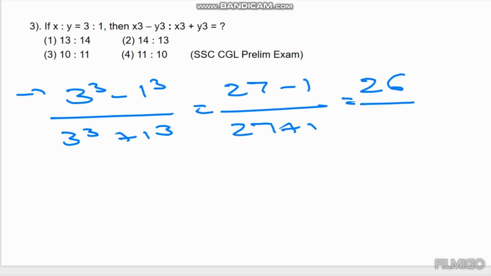So 26 by 28 equal to 13 by 14. So option 1 is the correct answer.